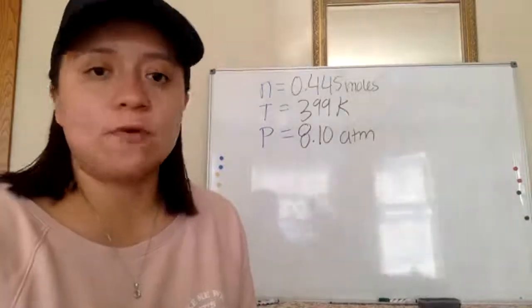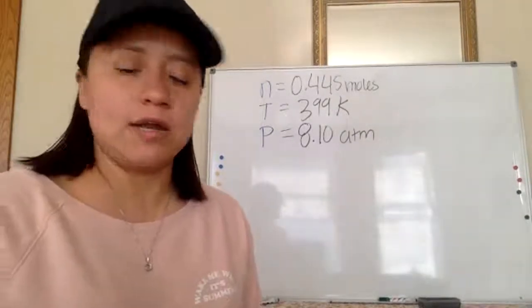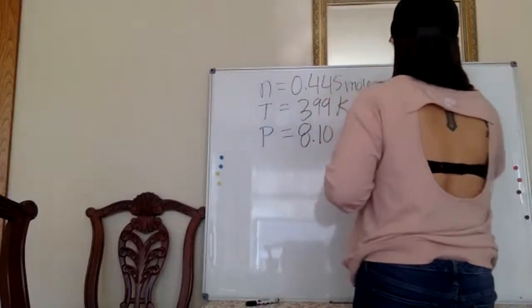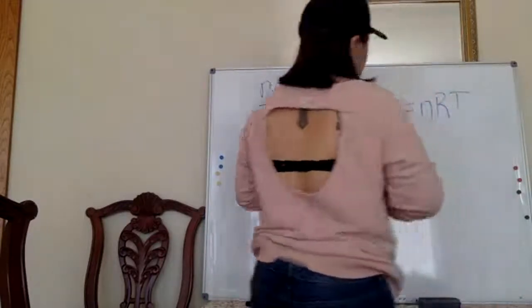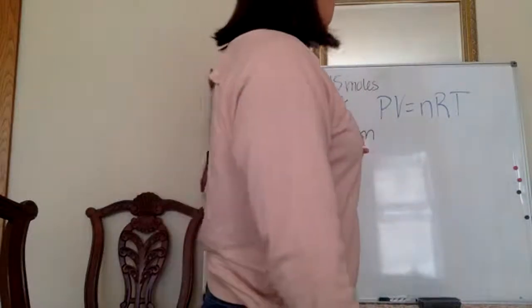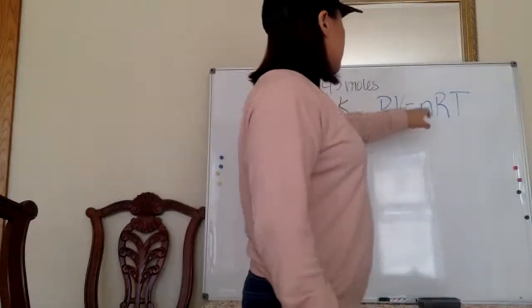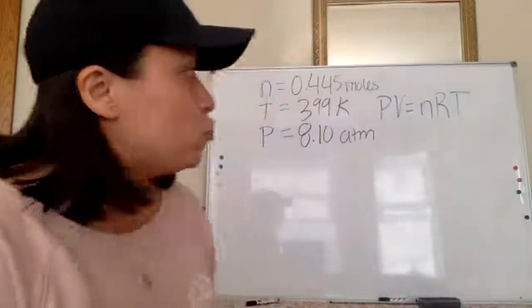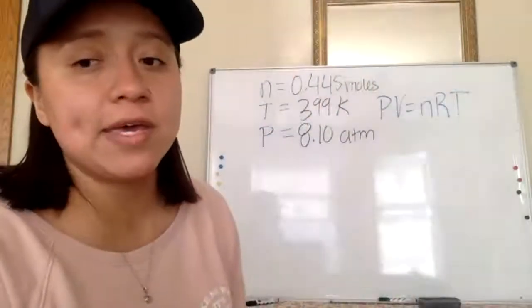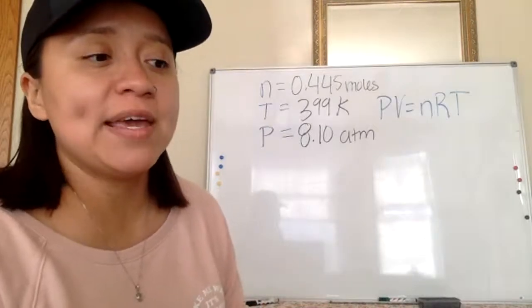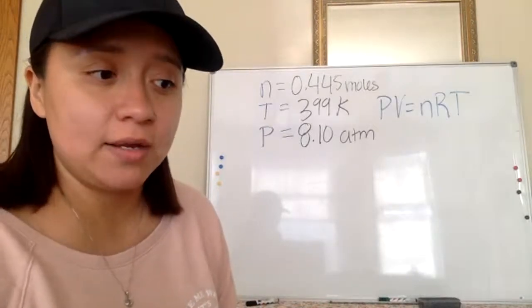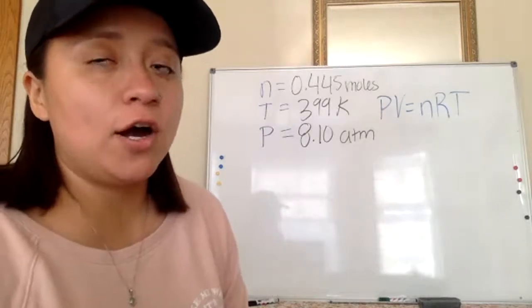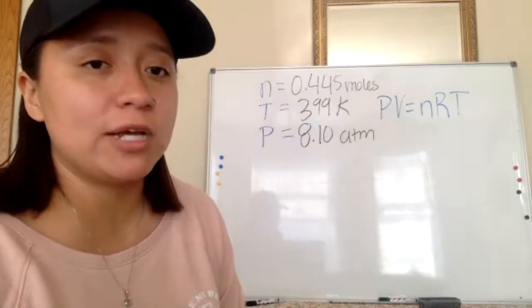So your formula is PV equals nRT. Notice they're giving you P, T, and N. That means that right now you don't have R or V. However, R you can find, but the R needs to match with the pressure units.